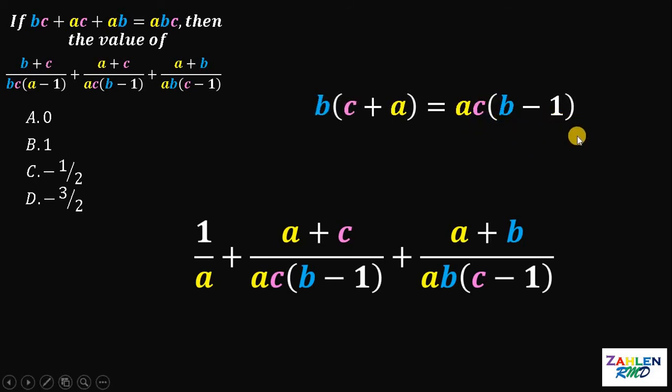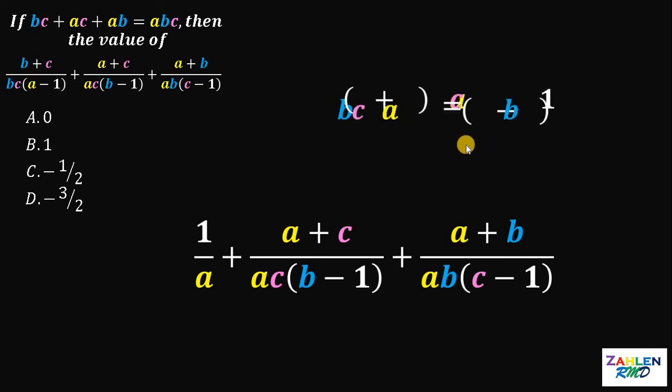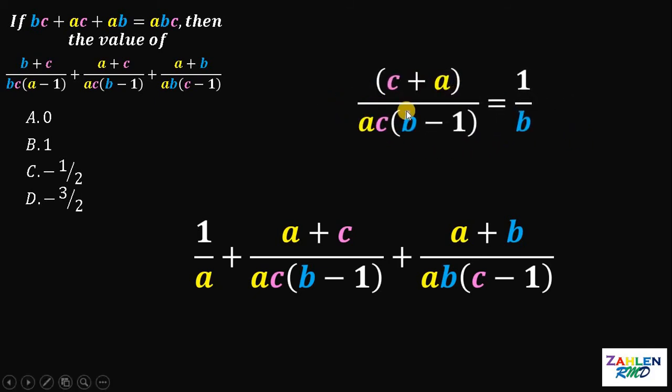We do the same thing as in the first manipulation. So we have (C plus A) over AC times (B minus 1) equals 1 over B. Take note that C plus A is the same thing as A plus C. Therefore, the second term of this expression is just 1 over B.